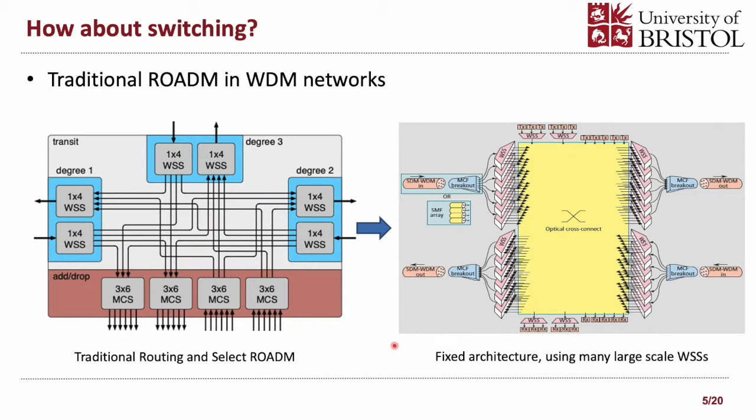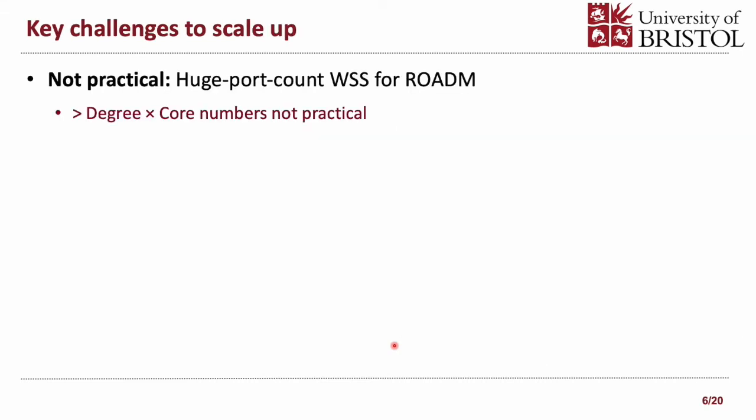That is a straightforward consideration. But there are key challenges in scaling up. First, it is not practical, because if we treat each core as a single mode fiber, we will require a huge port count WSS for the ROADM, and the port count should be larger than the degree times the core number. This makes such a huge port count WSS impractical.